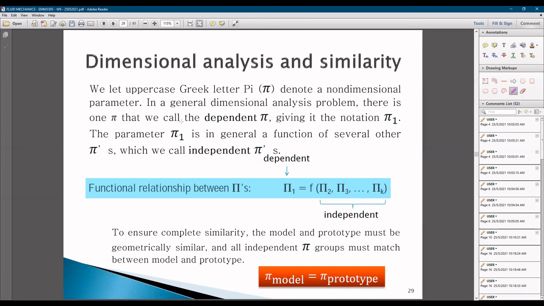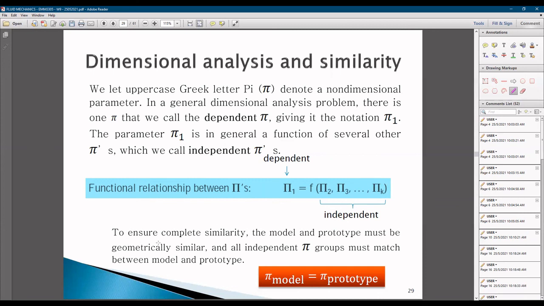There is one pi that we call the dependent pi, given the notation pi1. The parameter pi1 is in general a function of several other pi's, which we call independent pi's.